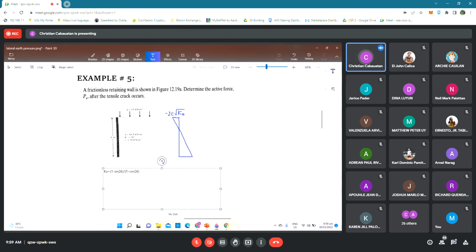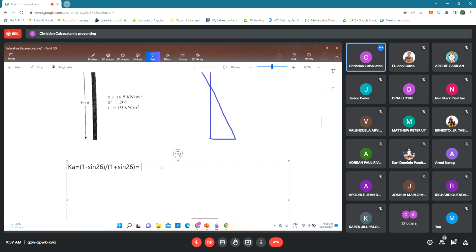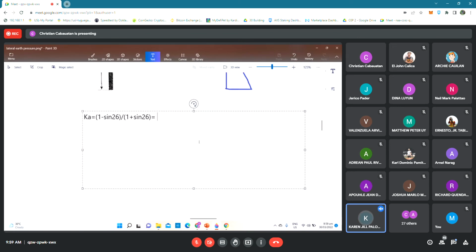Therefore, the value is equal to 0.3537. 0.3537.